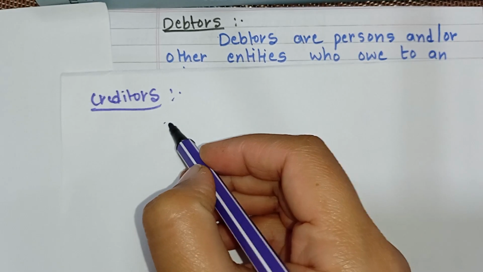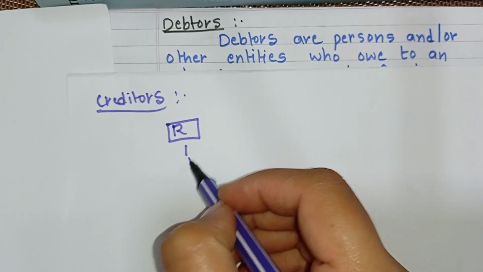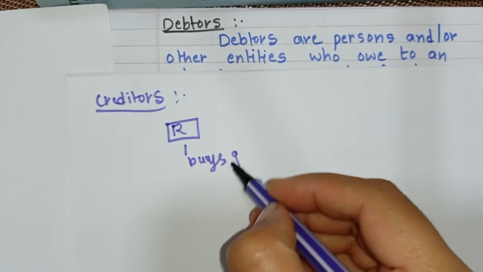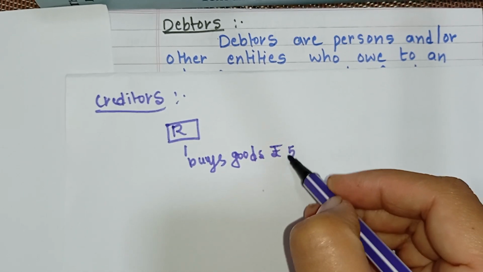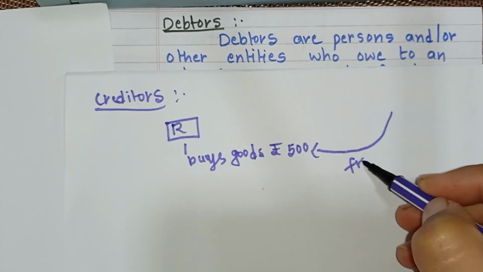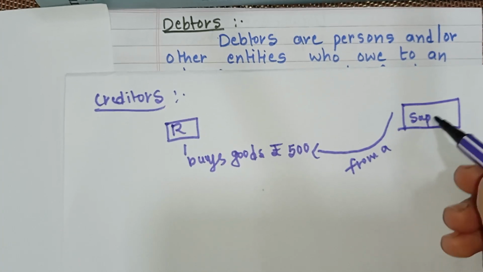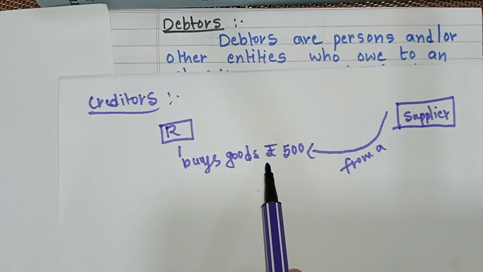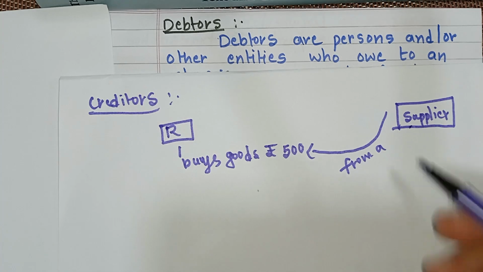Fine, we will take R. R buys goods worth rupees 500 from a supplier on credit.